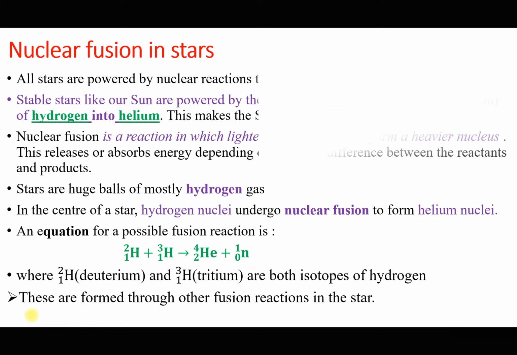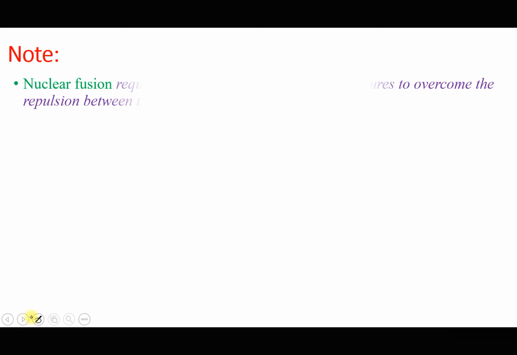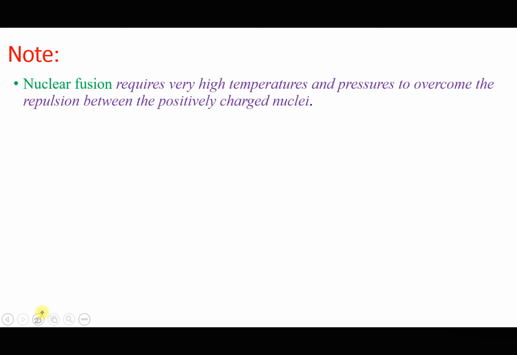So I want us to note, one, nuclear fusion requires very high temperatures and pressures to overcome the repulsion between the positively charged nuclei. Note that a hydrogen nucleus, which is say H-2-1, is coming together with a tritium, which is also a hydrogen nucleus, but an isotope of hydrogen, which is H-3-1. These are both positively charged nuclei, and like charges are bound to repel.